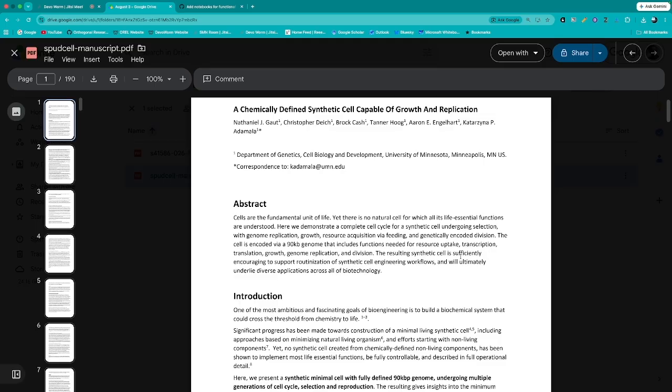The resulting synthetic cell is sufficiently encouraging to support routinization of synthetic cell engineered workflows and will ultimately underlie diverse applications across all biotechnology. So what they're trying to do is build this minimal cell, not necessarily to study or to make statements about the earliest life, although you can do that, but as a vehicle for biotechnology.